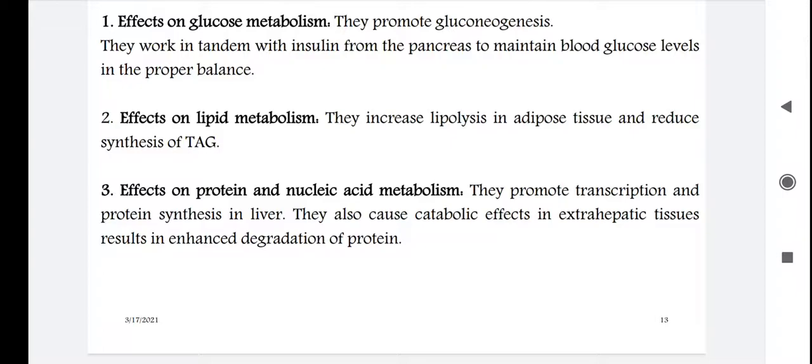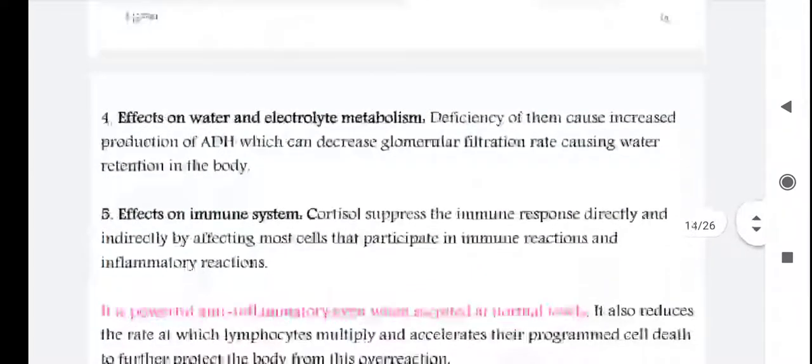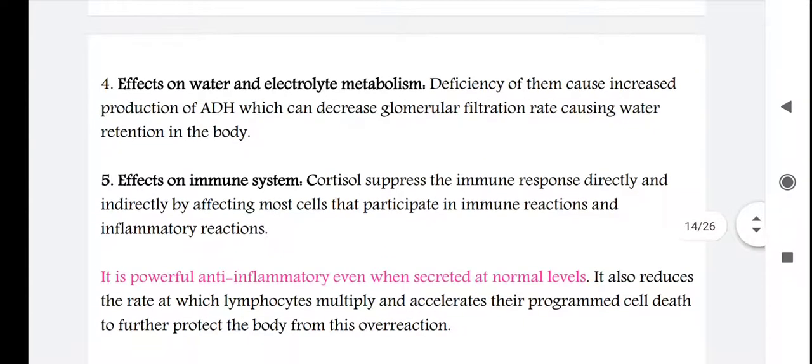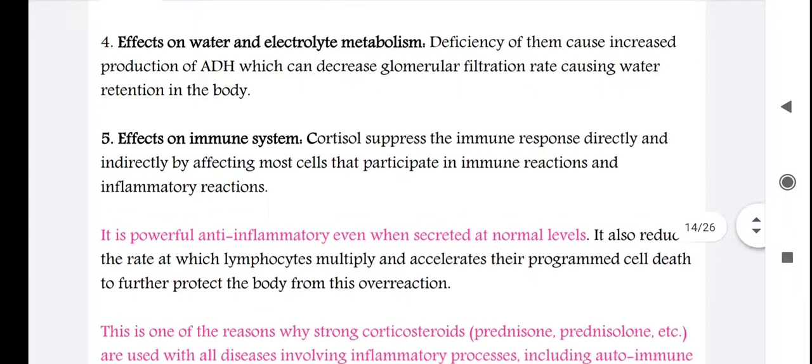So it has a catabolic effect in the extrahepatic tissue, in contrast to the synthesis and transcription of protein. Also has an effect on water and electrolyte metabolism. Deficiency of them causes increased production of ADH, which can decrease glomerular filtration rate, causing water retention in the body.